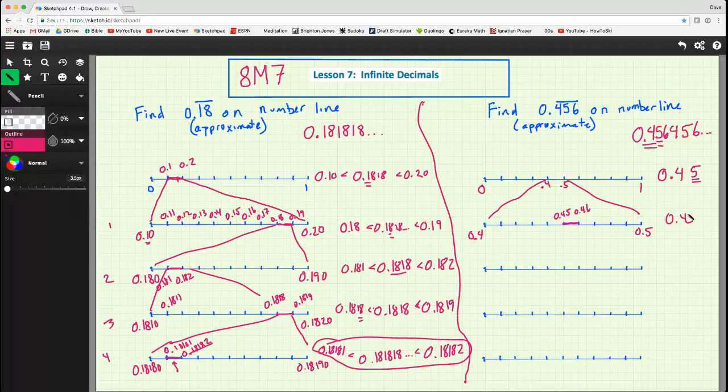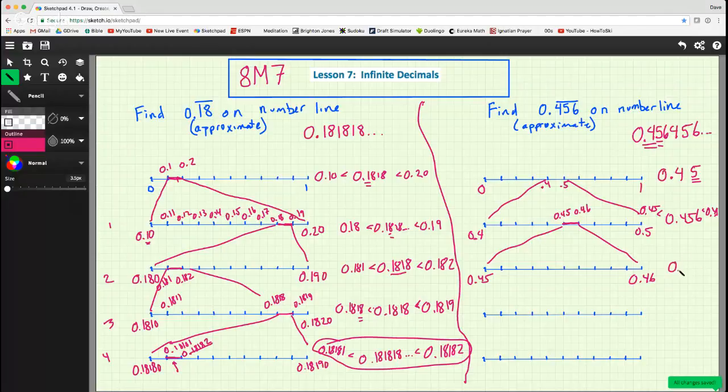Now on this next one, I know that we're at 0.45. And so that's between 0.45 and 0.46, because it's 0.456. On this next one, so now I go 0.45 here, and here I'm looking at 0.46.